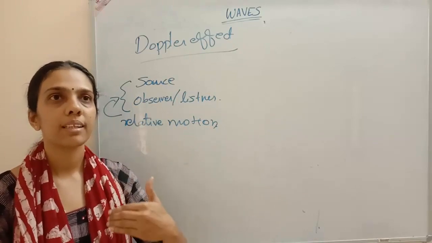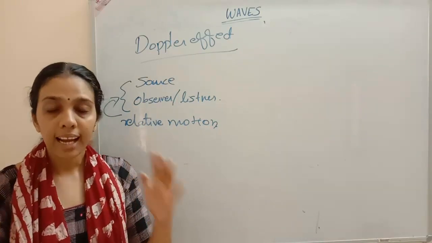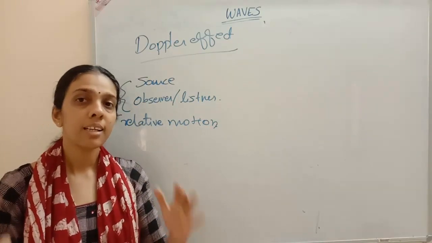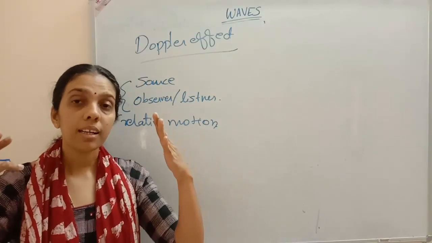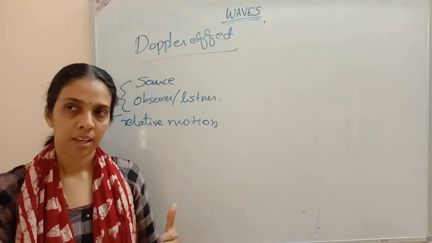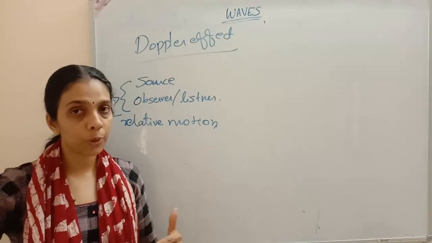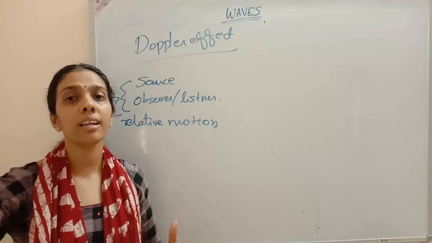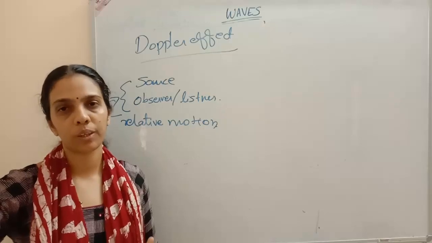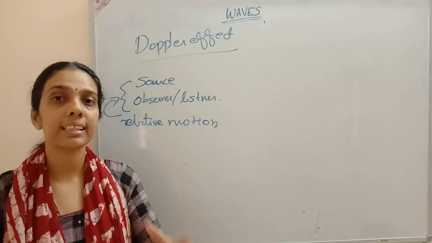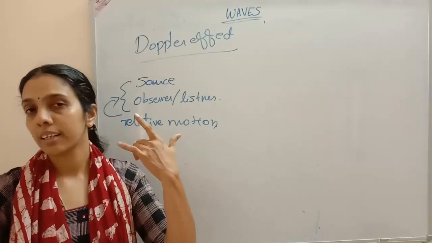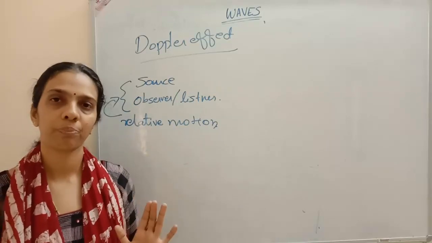So in that case which I explained, we are the observer, we are at rest, but the source which is producing the sound wave is moving. The observer or listener is stationary, the source is moving.